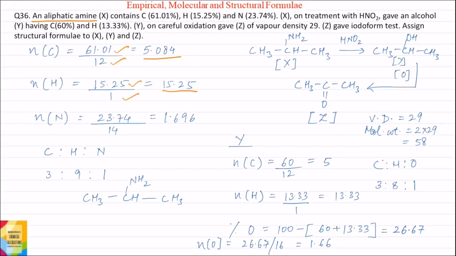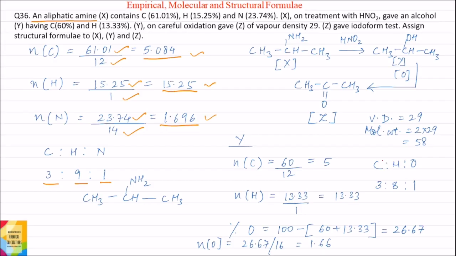Moles of nitrogen is 1.696 moles, obtained by dividing the percentage of nitrogen by atomic weight of nitrogen. Now dividing all these three by 1.696, we get a simple whole number ratio of moles of carbon, hydrogen and nitrogen, which is 3:9:1. This shows that X is a 3 carbon compound, and since it is an amine, it has an NH2 group.